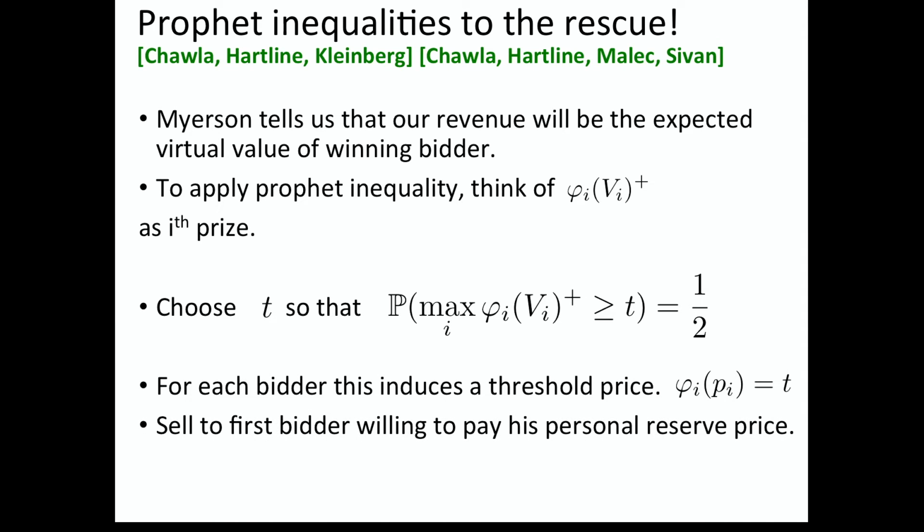So basically you do this calculation, which you can do just knowing the distributions. And that determines some threshold price for each bidder. And you just sell to the first bidder that's willing to pay his personal reserve price. And this gives a 2 approximation.